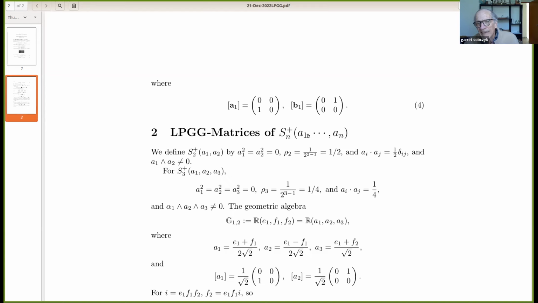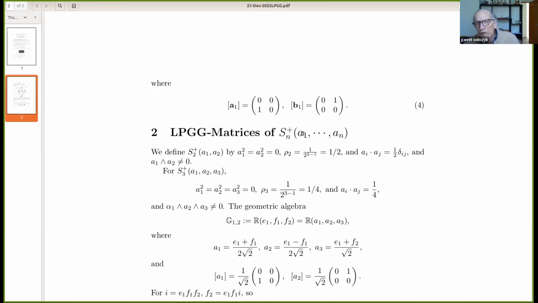These are null vectors. They all have square zero. So A1 has square zero, A2, which is the same thing as B1. I'm just replacing the notation to use only the A's now. So we have A1 up to AN.